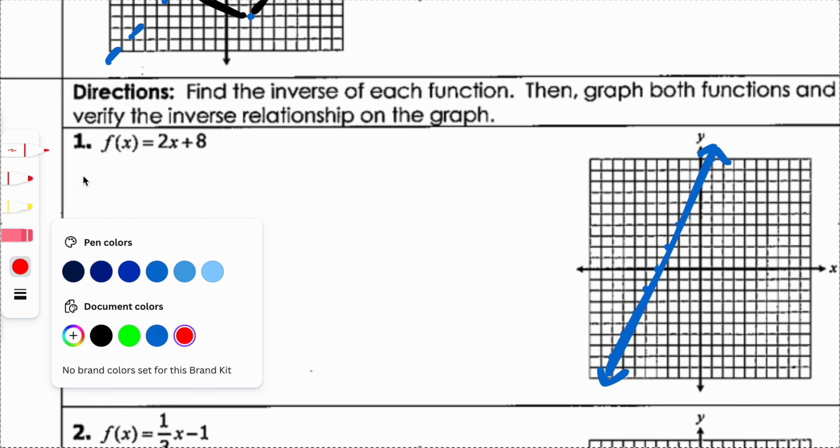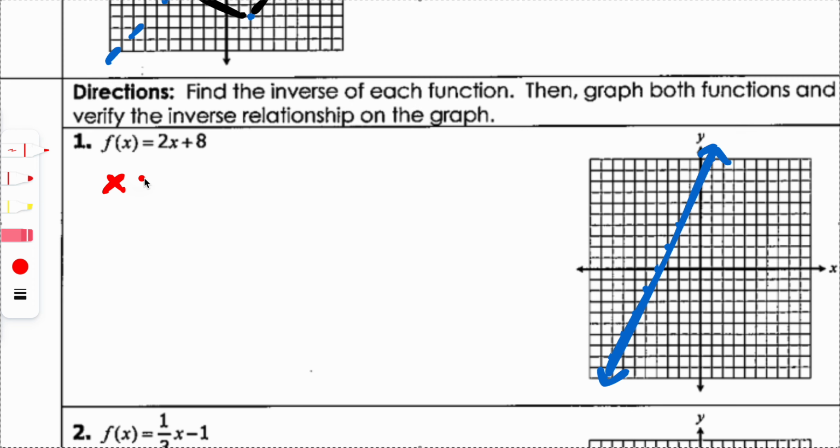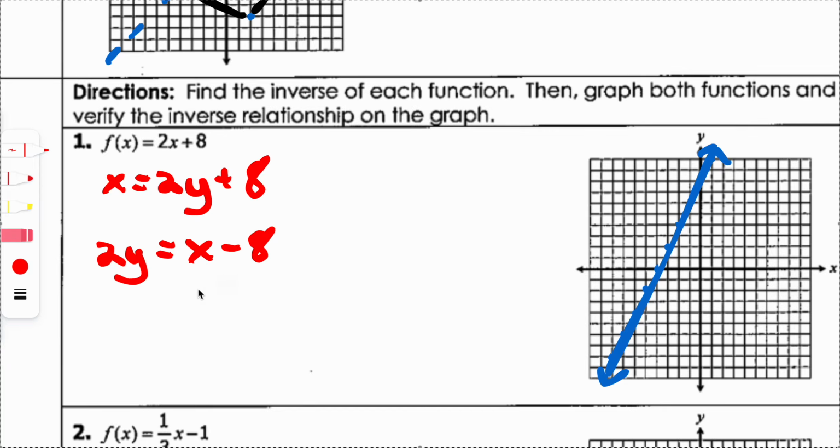So f of x is y. So we're going to say x equals 2y plus 8. Now we want to isolate y. I'm going to switch sides, and I'm just going to say 2y equals x minus 8.